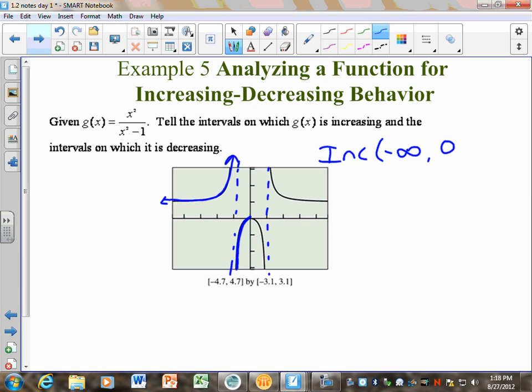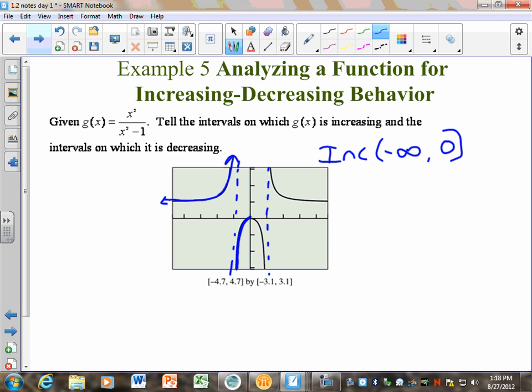Well, there's not an asymptote at 0 on this, right? You're right, there is an asymptote at negative 1. And so you could say, I don't know, I think that this is totally acceptable to say negative infinity to 0.